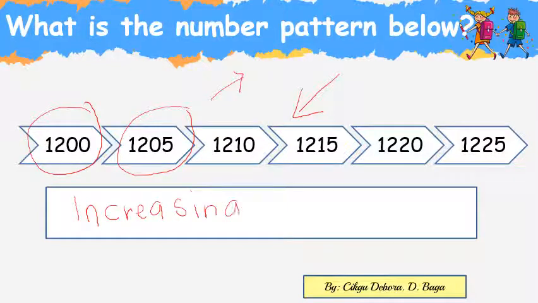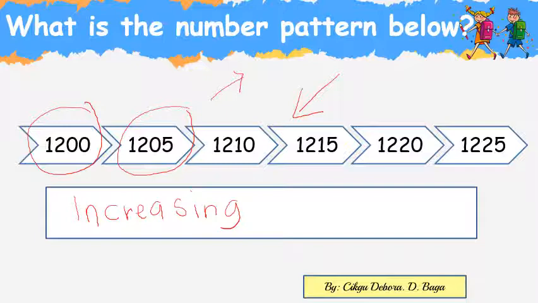Okay, so after you know it is increasing, you need to know increasing by how many. We know increasing means we plus the number, right? So we need to know how many we should plus from the previous number to get the next number.